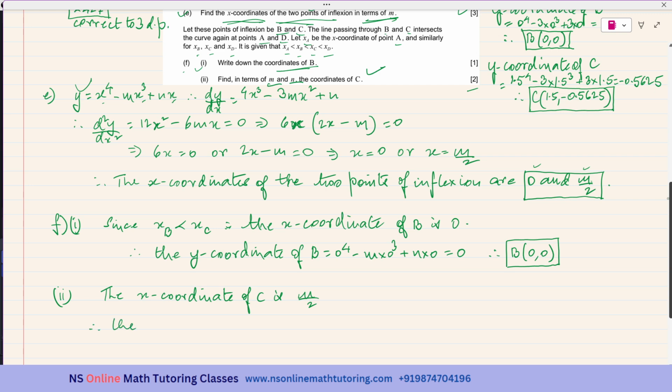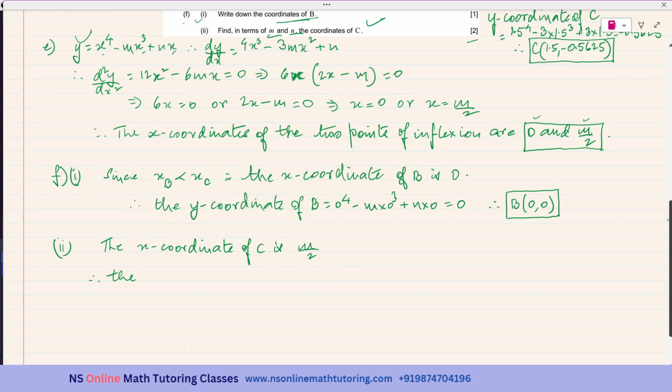Therefore, the y coordinate of C is equal to, I can still see this expression, or else I can just substitute m over 2 in place of x. So it is m over 2 raised to the power of 4 minus m times m over 2 raised to the power of 3 plus n times m over 2.